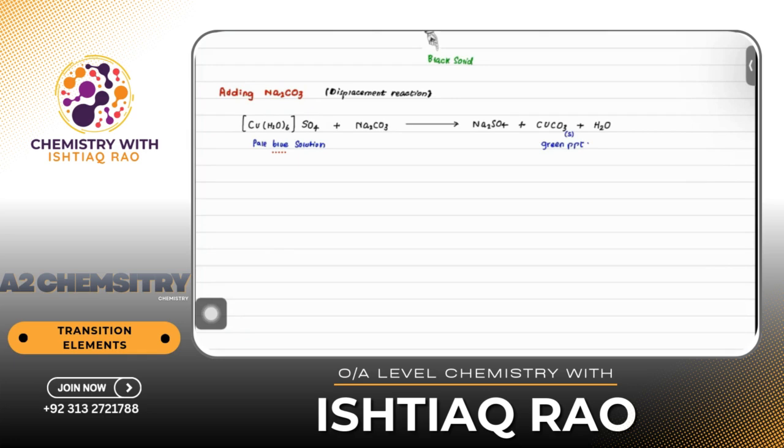So when copper carbonate reacts with ethanoic acid, CH3COOH, it's going to form copper ethanoate and water along with carbon dioxide. This was solid, this was a green PPT, and there is nothing in the product side.